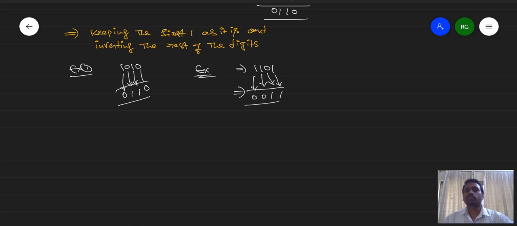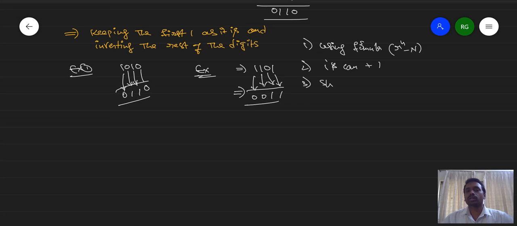So there are three alternatives to find the 2's complement. The first one is by using the formula, that is r power n minus n. The second is by using 1's complement plus 1, and the third one by using the shortcut.